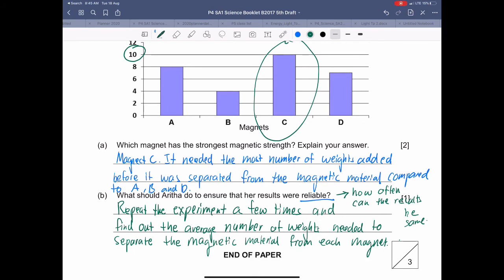Even things like the average height of a child at 12 years old: they measure all the children at 12 years old in the whole country and divide by the number. So the bigger the number, the more accurate, because you're taking in more samples. Less room for error, making your results more reliable, able to be repeated every single time.